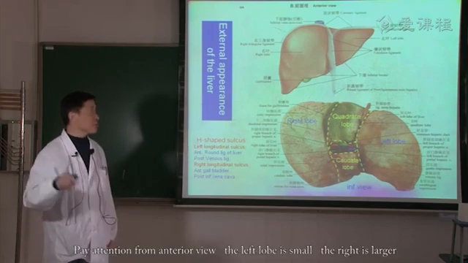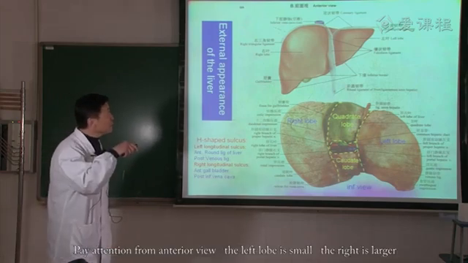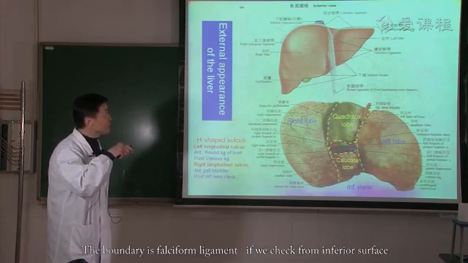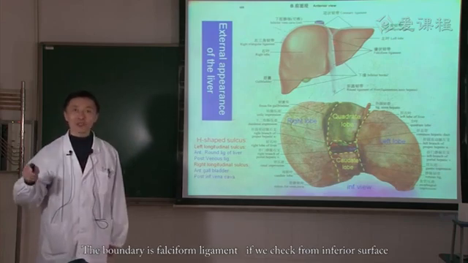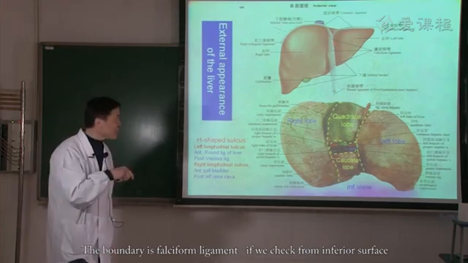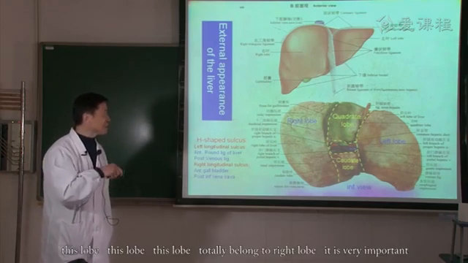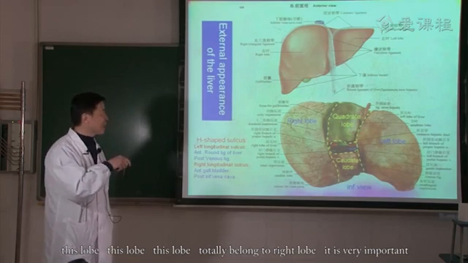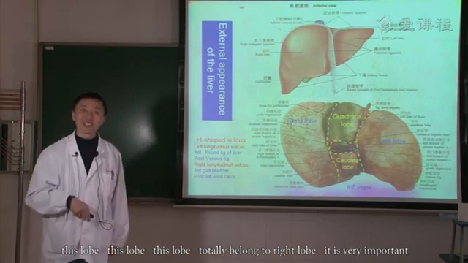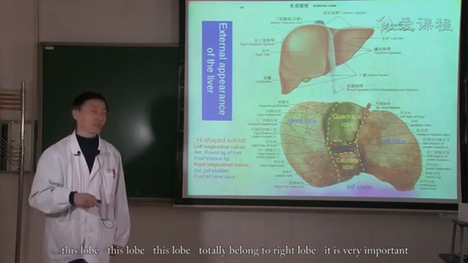Pay attention. From the anterior view, the left lobe is small and the right is larger. The boundary is the falciform ligament. If we check from the inferior surface, this lobe totally belongs to the right lobe. It's very important at this point.